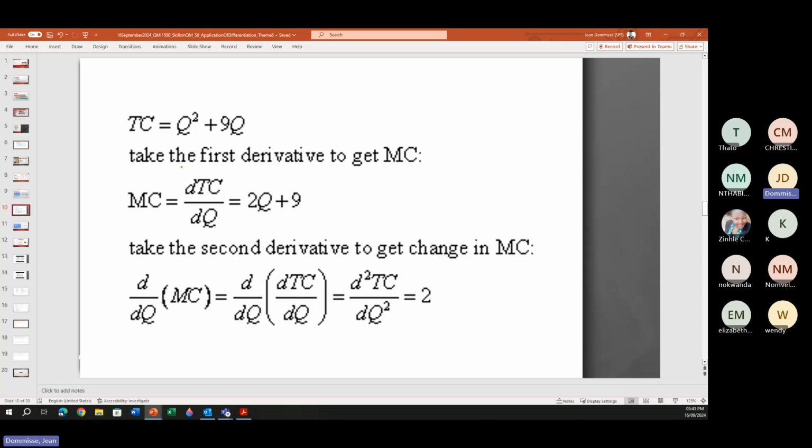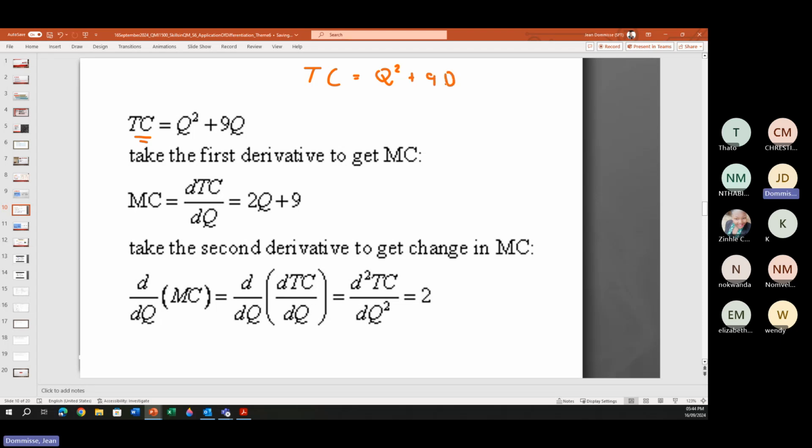They give us the total cost function. They told us total cost is equal to Q2 plus 9Q.